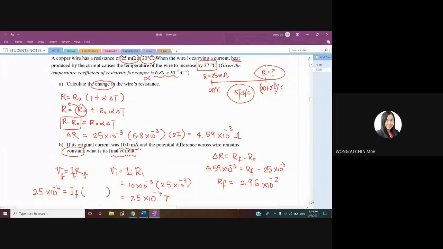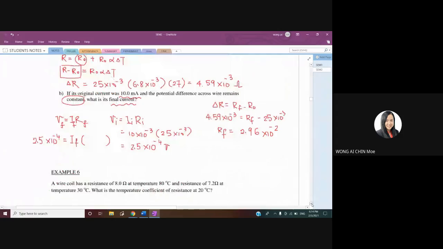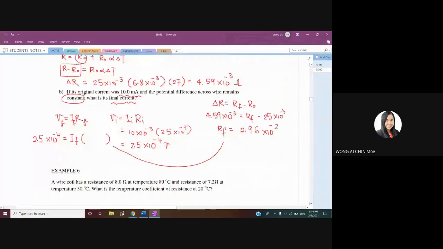Then only you substitute the value here. You substitute 2.96 times 10 to the power of negative 2. So your I final is 2.5 times 10 to the power of negative 4 over 2.96 times 10 to the power of negative 2.